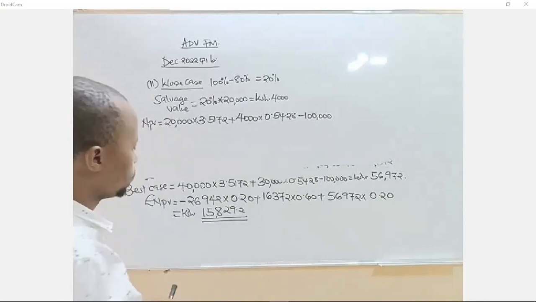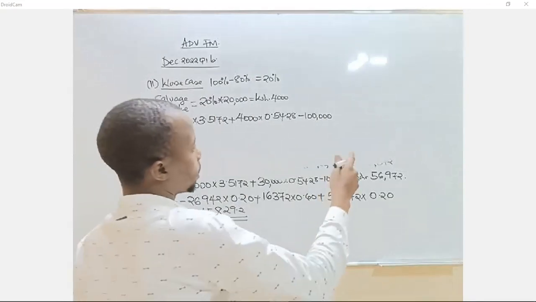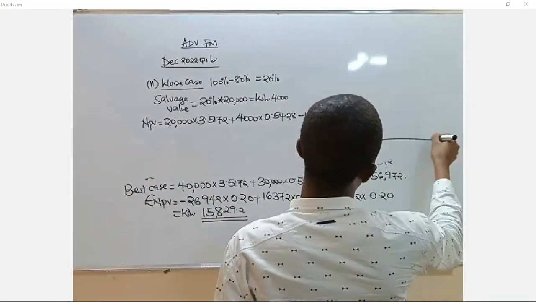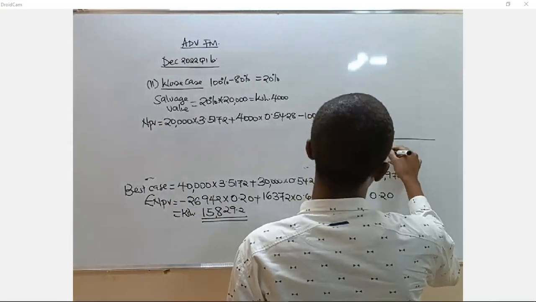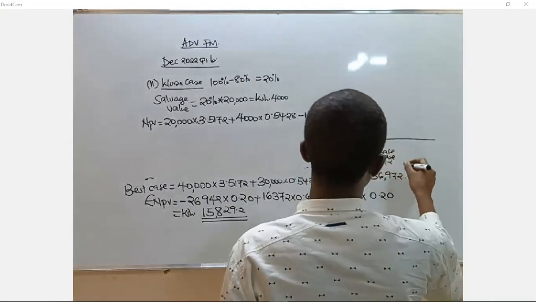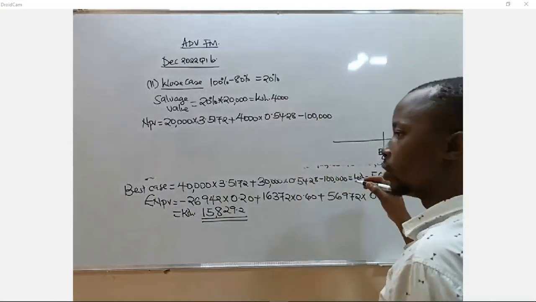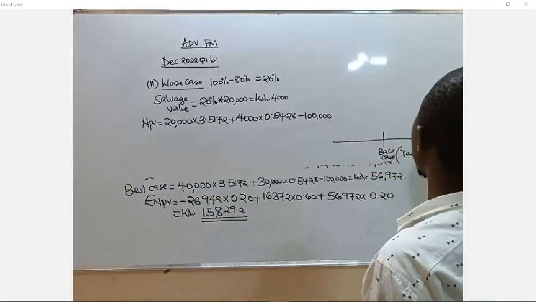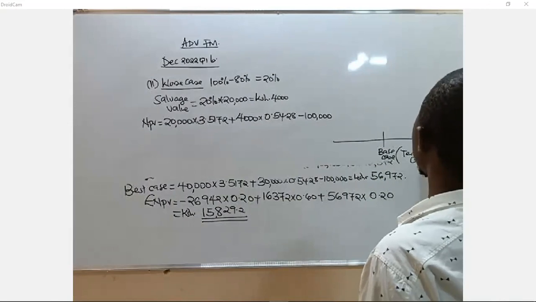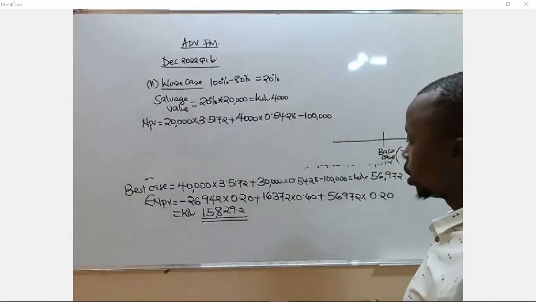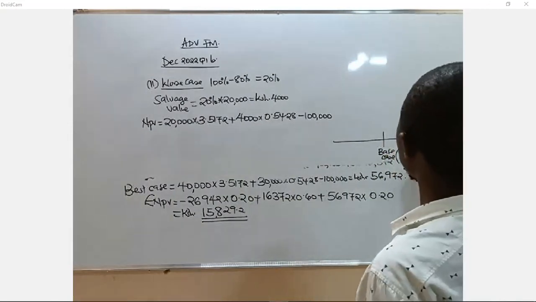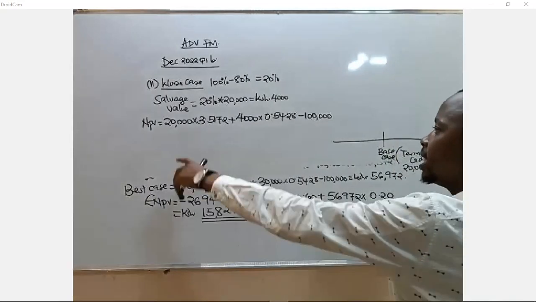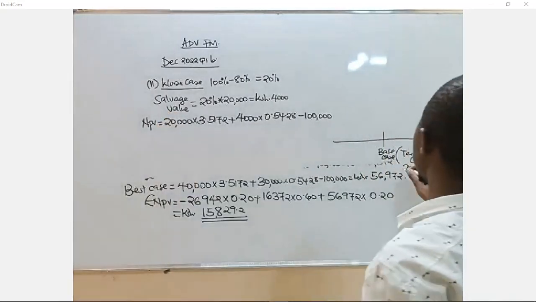Tukiangalia, because already nakumbuka hata nikichora hapa kakiri panakaa namba 19. Tuko na base case. The base case tumepewa kitu inaitwa terminal cash flow, and the terminal cash flow provided there tumepewa 20,000. Ndio pate hii salvage value tunatumia hii 20,000.